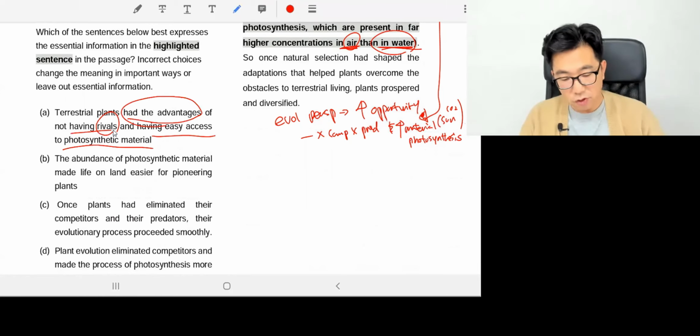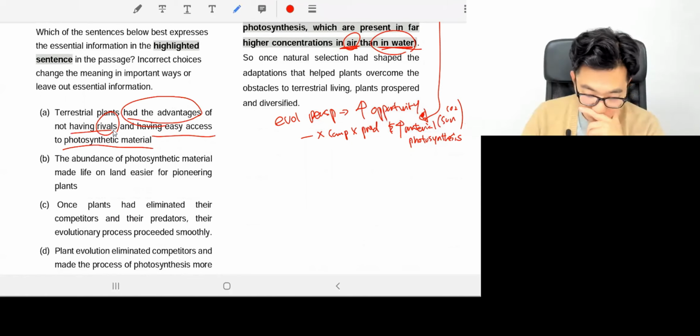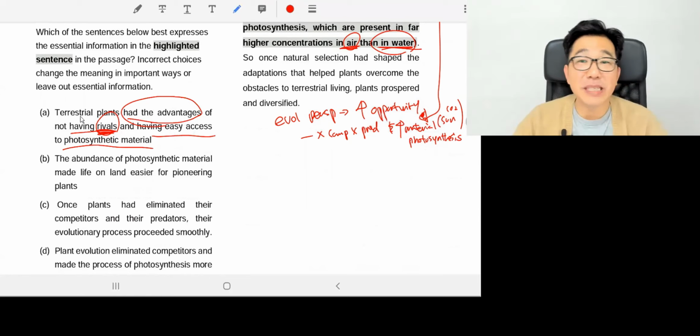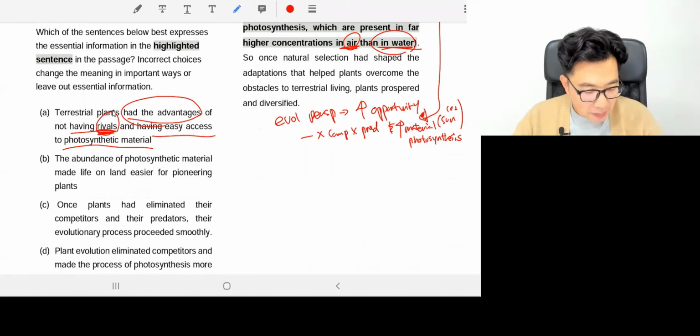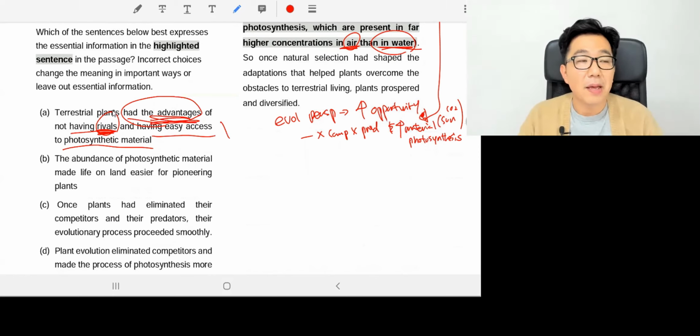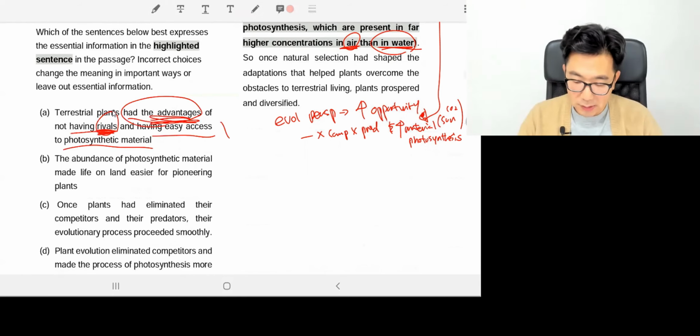It was a great opportunity because they had the advantages of no competitors and predators and plenty of CO2 and water. Seems like one sentence is missing, a bit more information, but it doesn't seem to be wrong. It paraphrased. So we'll keep A and double check B, C, D.